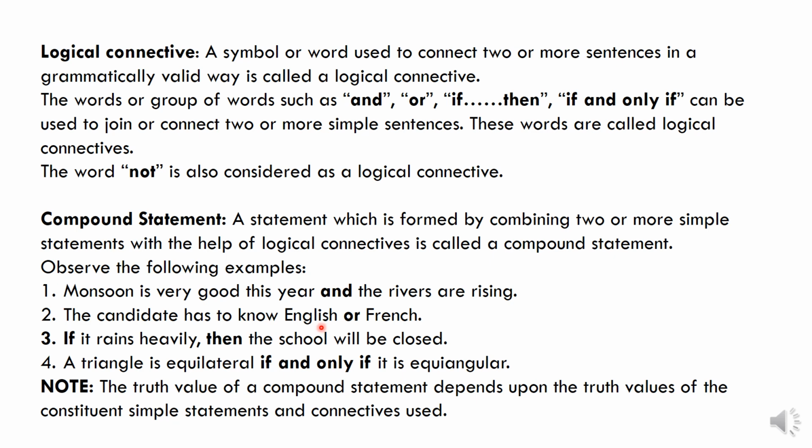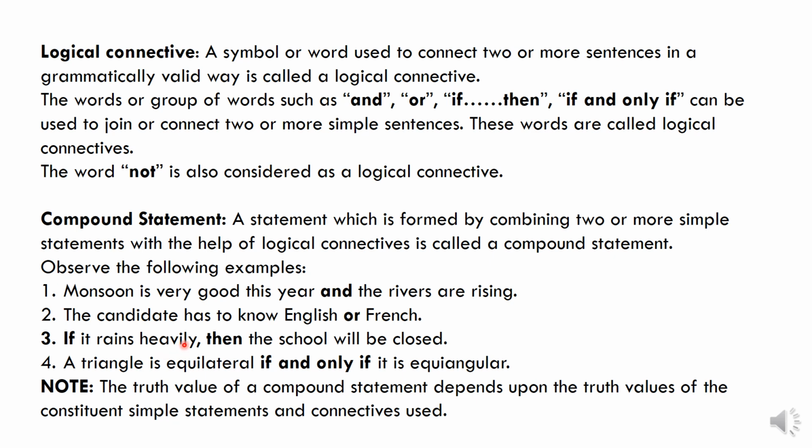Another example: the candidate has to know English or French. The candidate has to know English, the candidate has to know French are two simple sentences connected by the connective or, forming a compound statement. If it rains heavily, then the school will be closed.